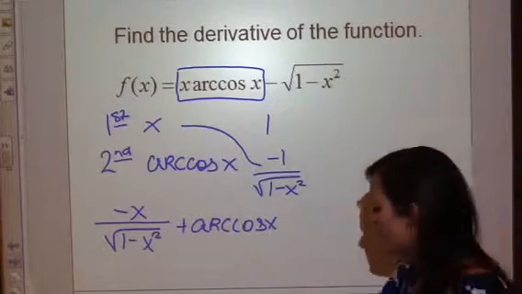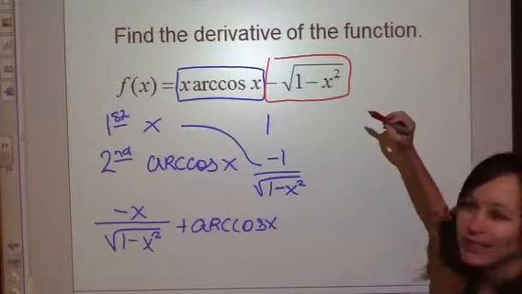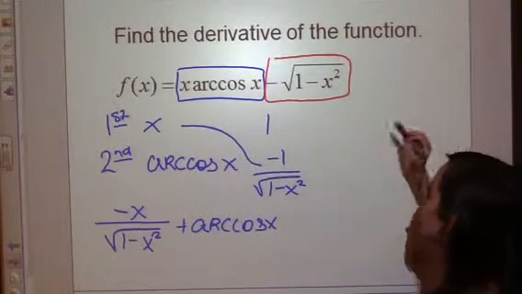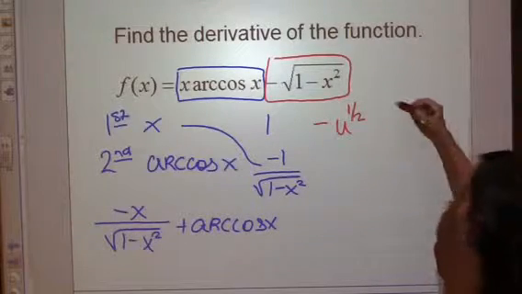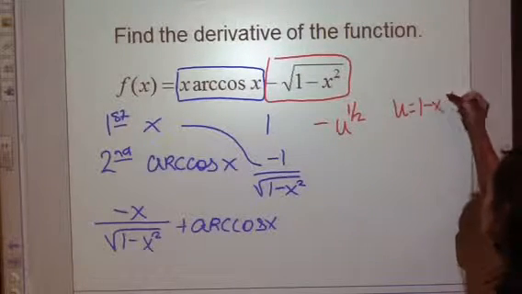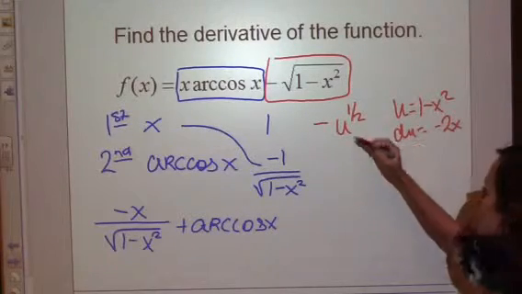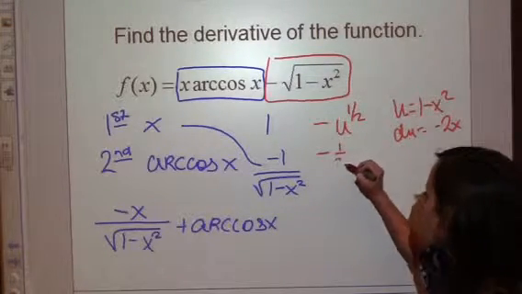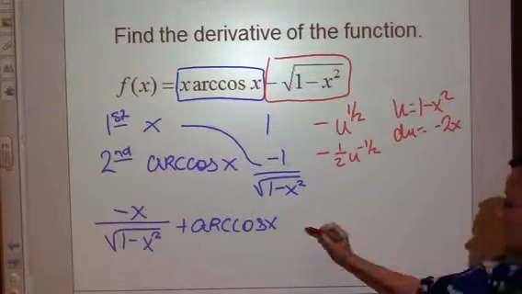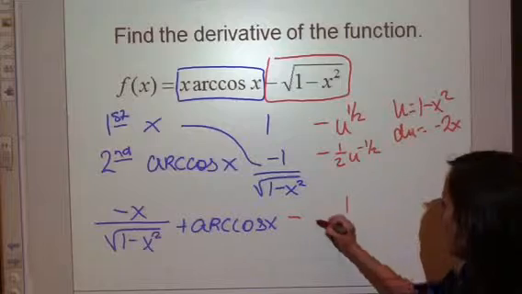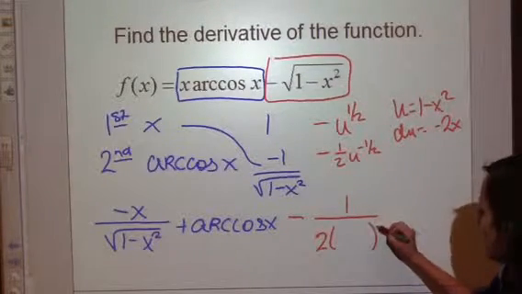So for this back part, we have minus that. That's to an exponent. So we're going to have to rewrite that as u to the half, where u is 1 minus x squared. Derivative of u is negative 2x. Here our derivative is a half u to the negative half. So let's put it all together. So we have minus 1 over 2. That u I'm going to put on the bottom and put it to a positive half.